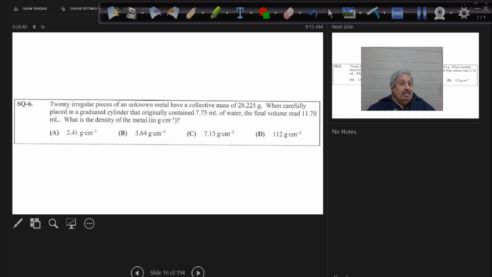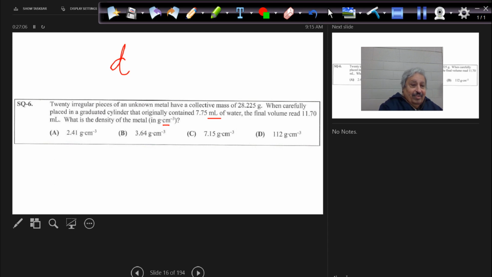Now, don't worry about the milliliter. Milliliter and centimeter cube are the same units. So here it is. The milliliter here and the cubic centimeter are the same thing. But centimeter cube is used for solids and milliliter is used for liquids. So the density is mass over the volume.